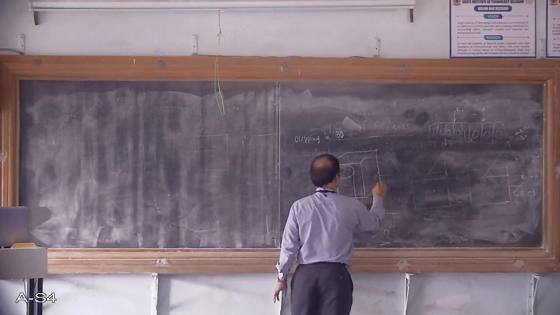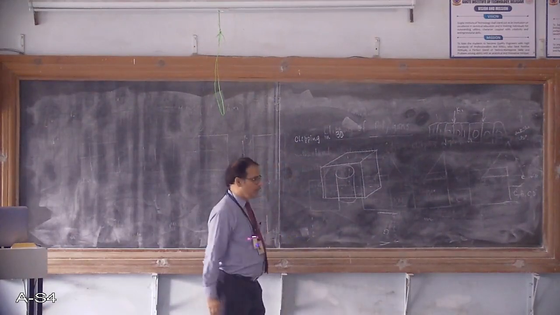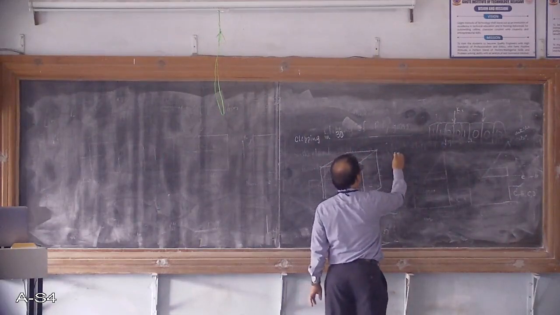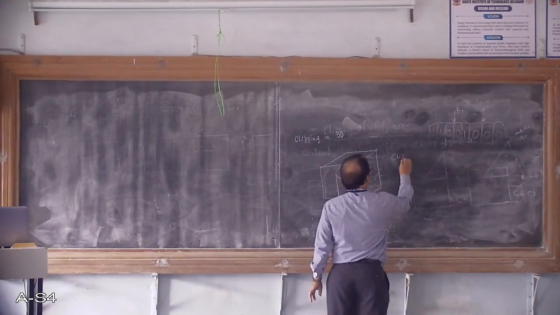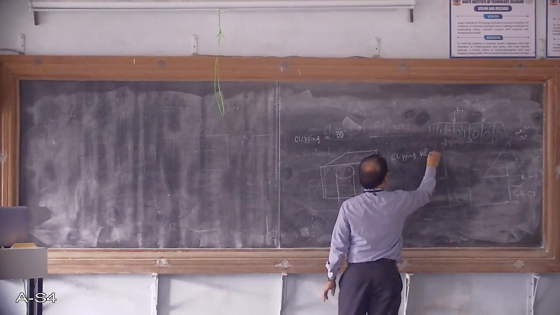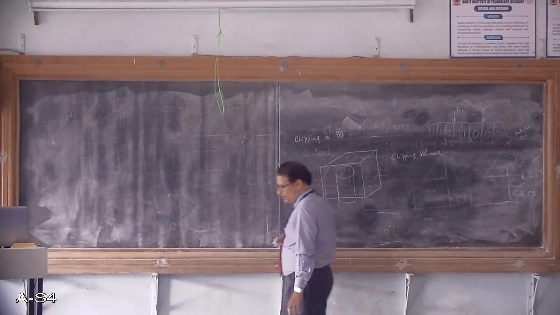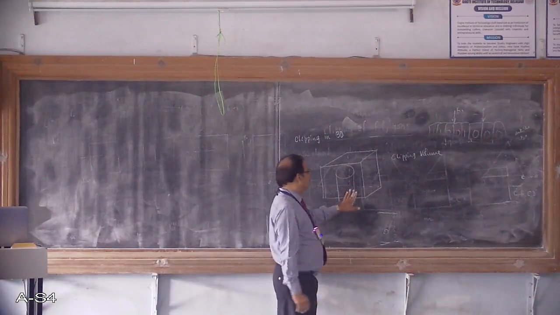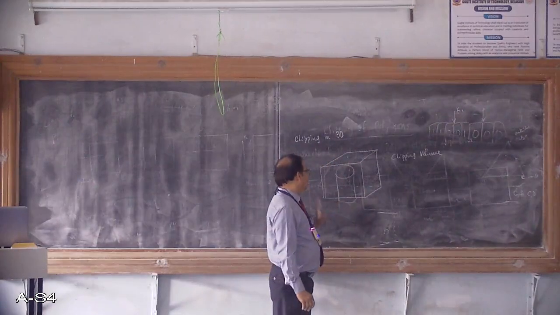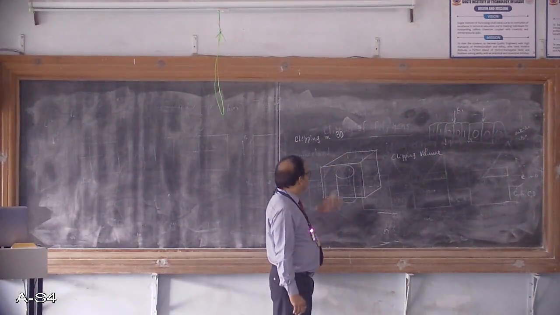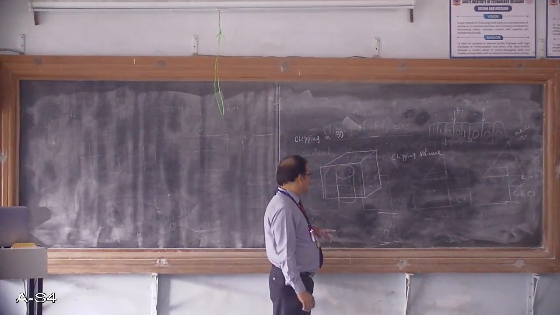Instead of a clipping window in 3D we have a clipping volume, which is a cube. Clipping volume is a cube, something like this, and now we are required to clip the objects for 3-dimensional objects.